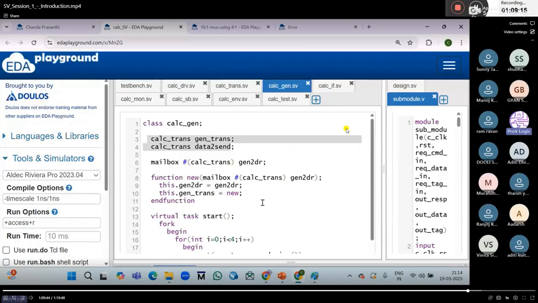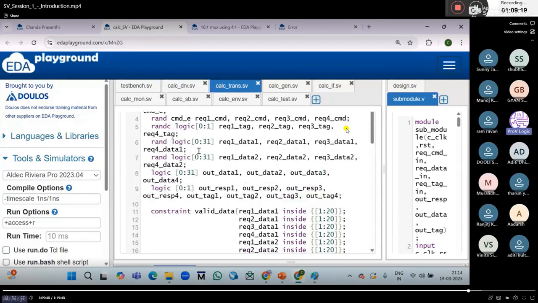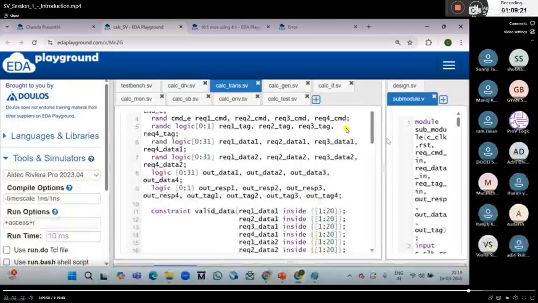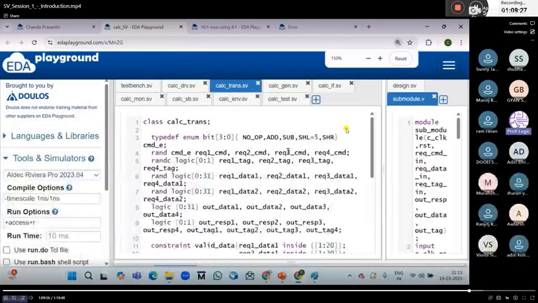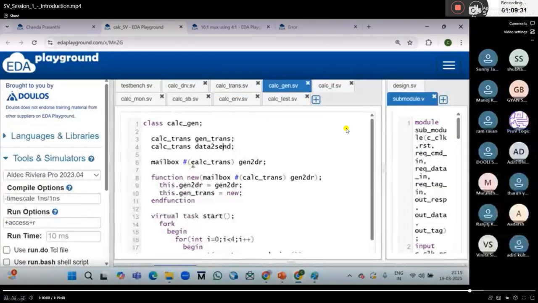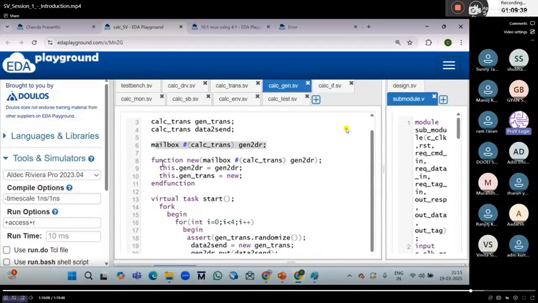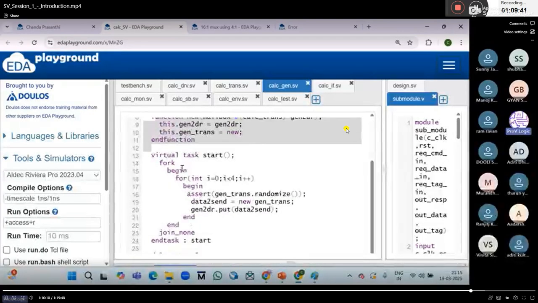So whatever the calci_trans class name is, with the same name we create the instances here. Mailbox, we need to create the mailbox. Mailbox is not a separate class, it's just a component. You just need to create it like this, and there is a constructor to create the class, and also a task.